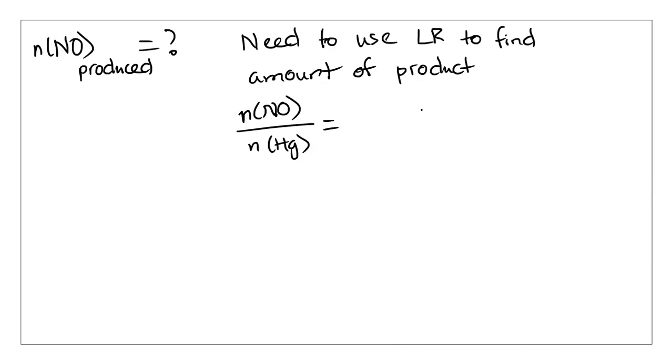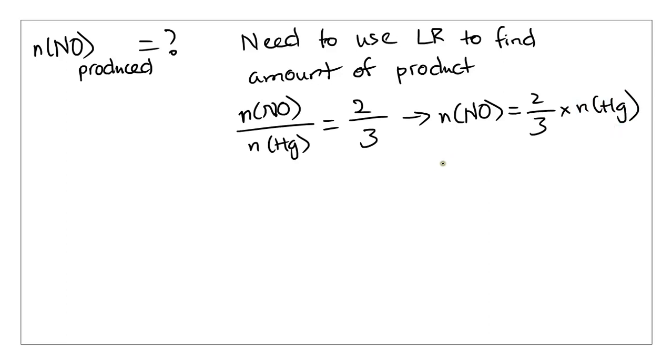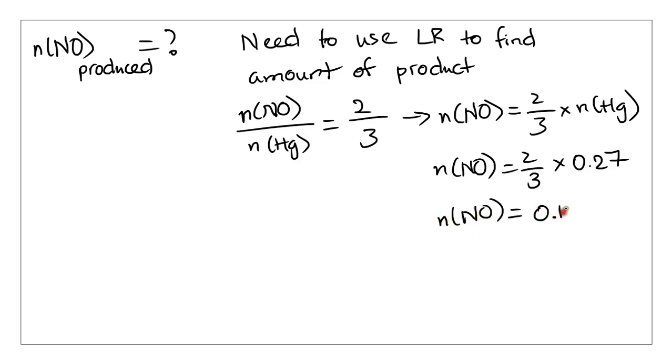So it's a 2 to 3 mole ratio between the two, which means that the number of mole of NO is 2/3 times the number of mole of mercury, which is 2/3 times 0.27. So the number of mole of NO is going to be 0.18. Okay, so if you need to find the amount of any product, this is what you should do.